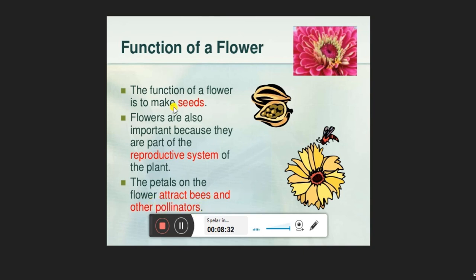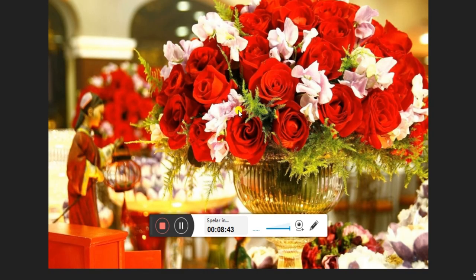Now apart from these three functions, there are some more functions. Another is the ornamental value. Here you can see a very nice bouquet of roses. Now you can imagine the decoration purpose.